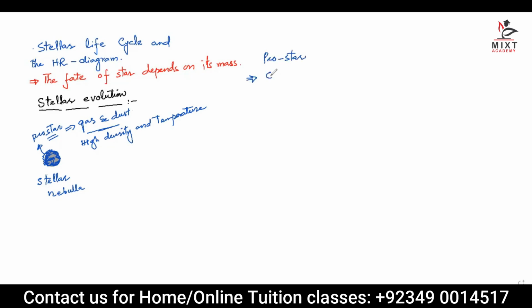The protostar is made from gases and dust. That is the first point. Second point, it has high temperature and high density, and it is continuously increasing. It's not decreasing.